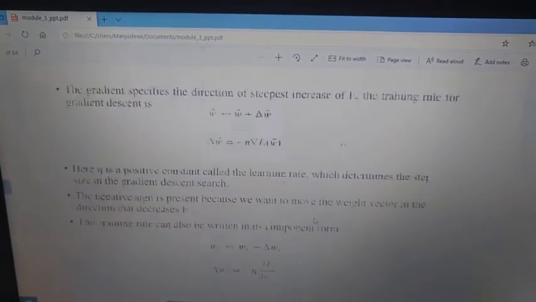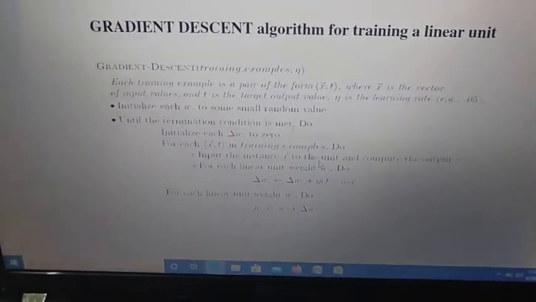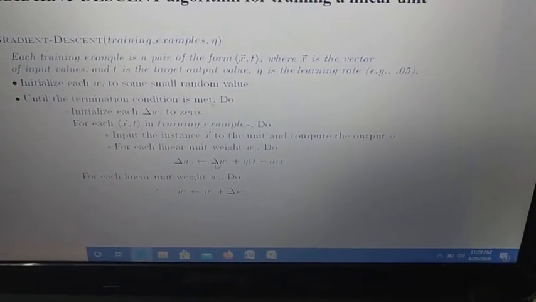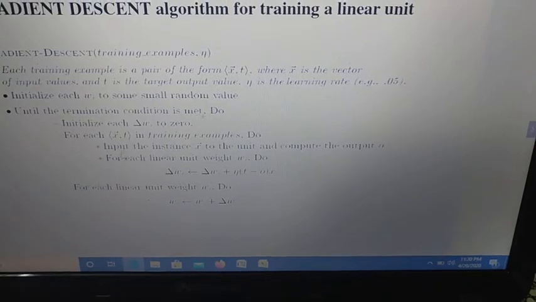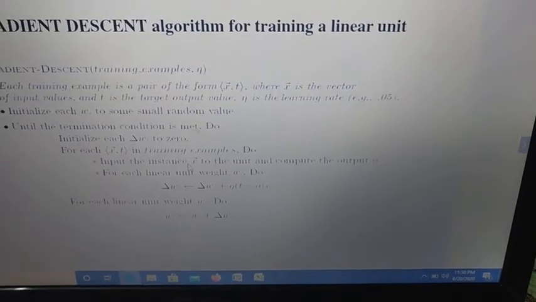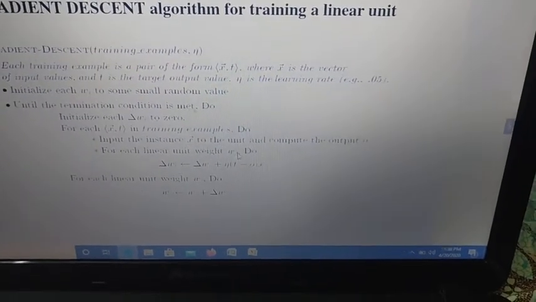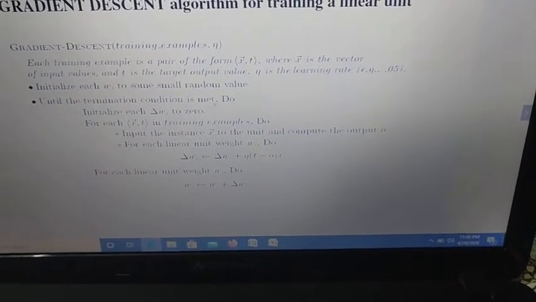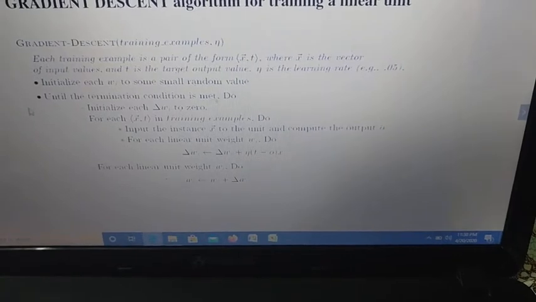So that is wi, delta wi equals to, so see here, for input the instance x vector to the unit and compute the output. So this is the first iteration that is being explained here.